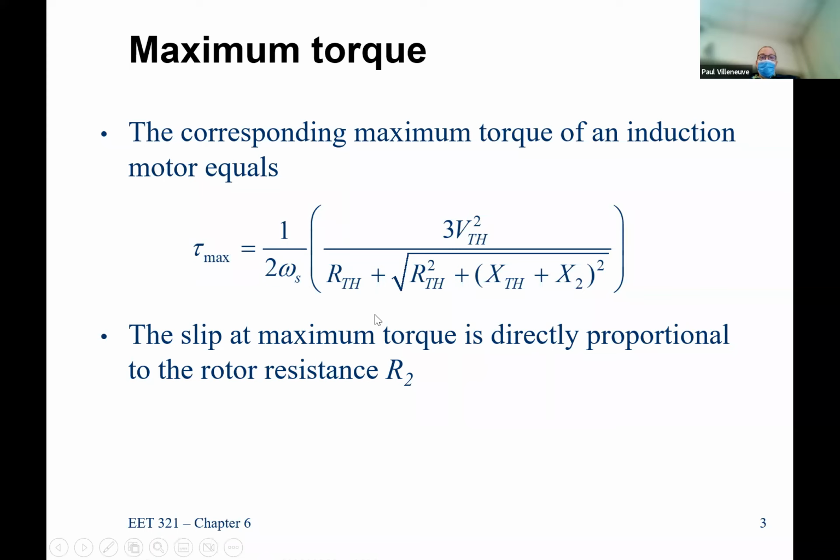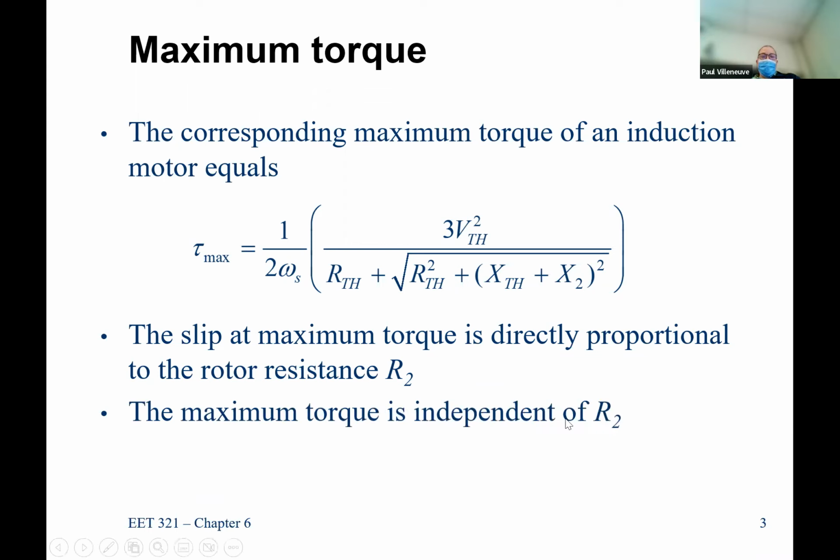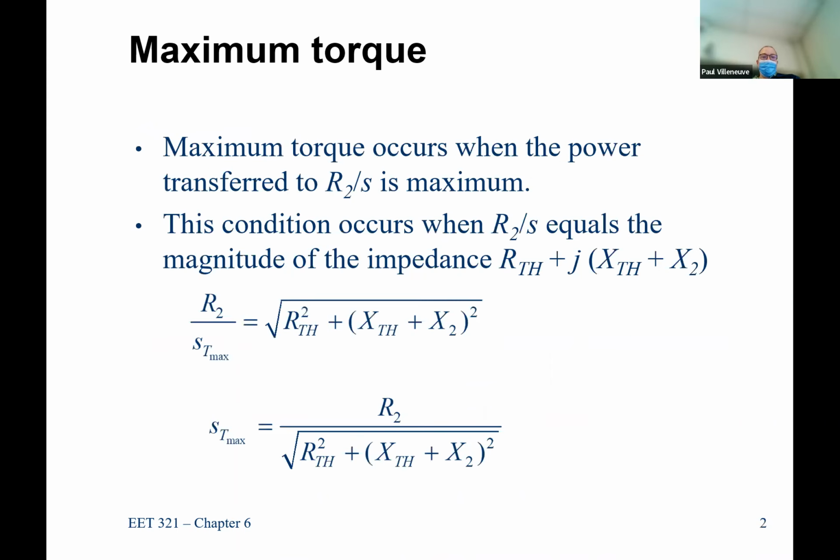You'll also notice the slip at maximum torque is directly proportional to our value of R2, the rotor resistance, because it's R2 squared. But the actual torque value is not dependent. So look over here. Do you see any R2 value? Nothing there. But let's go back over here, and it's there.